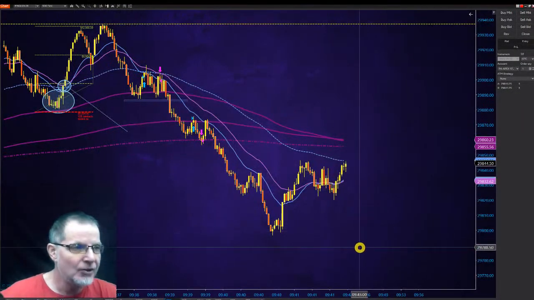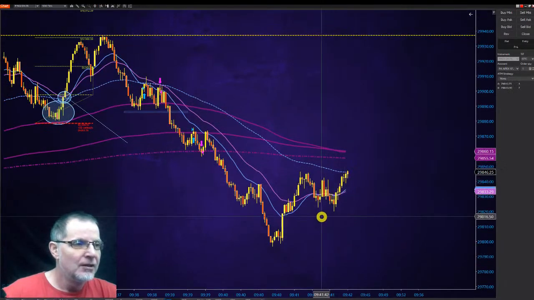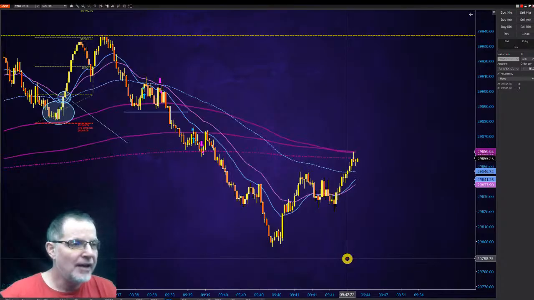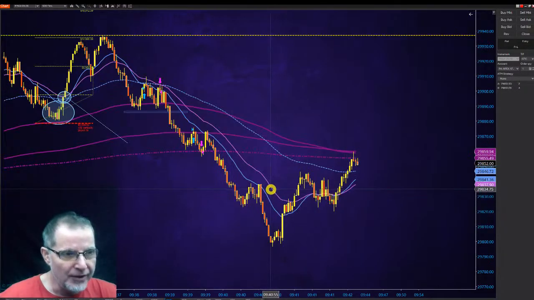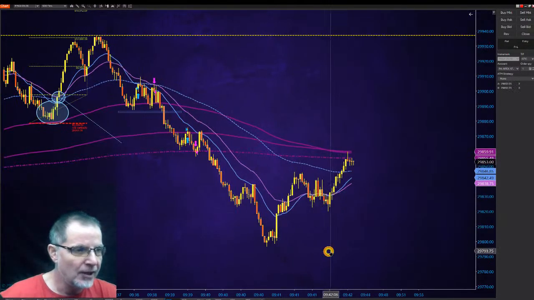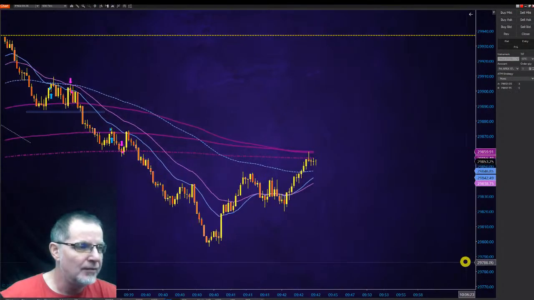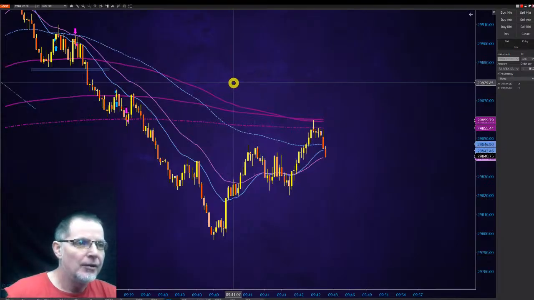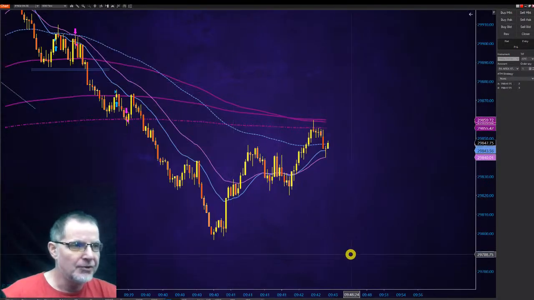See, I wouldn't take this long yet because for my strategy, I mean, you could tighten it up and put a 50 moving average on there and just say, I'm going to use those three. But the whole idea of this is to wait for it to pull back up into the perfectly aligned moving averages.